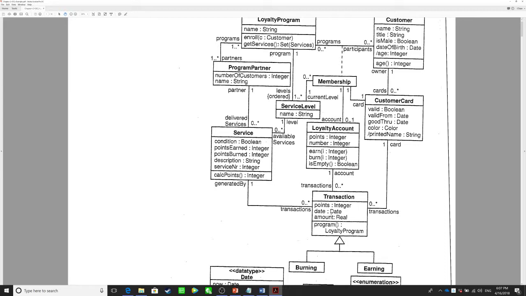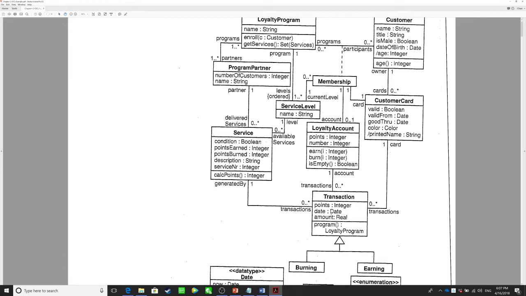The type returned by get service is a set of services. It's not get set, it's set of services after this. This returns the set of services. In this class diagram we only have the type and the name of this operation. So this operation is a query operation.